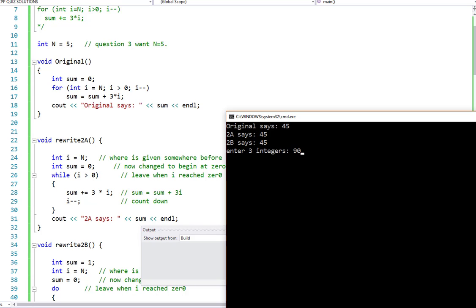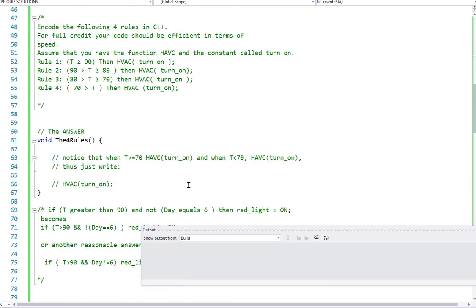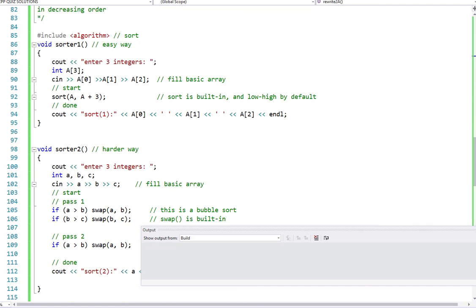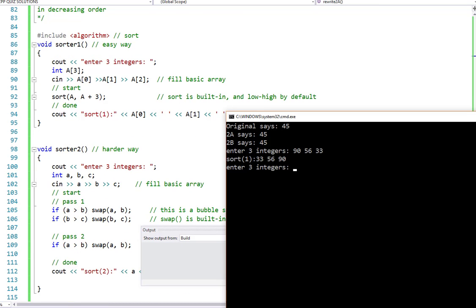I'll put 90, 56, 33, hit the enter key, and sort 1 puts them in their correct order. Now sorted number 2, same thing, 22, and it puts them in order.